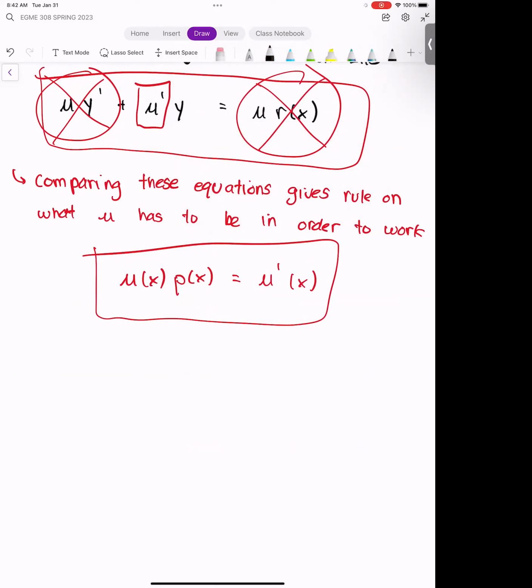Right? So this is an equation that tells us what mu has to be in order for it to work. Of course, we get another differential equation here, and so we have to solve another differential equation. It's kind of a recursive thing. In order to solve one differential equation, you have to solve another differential equation.